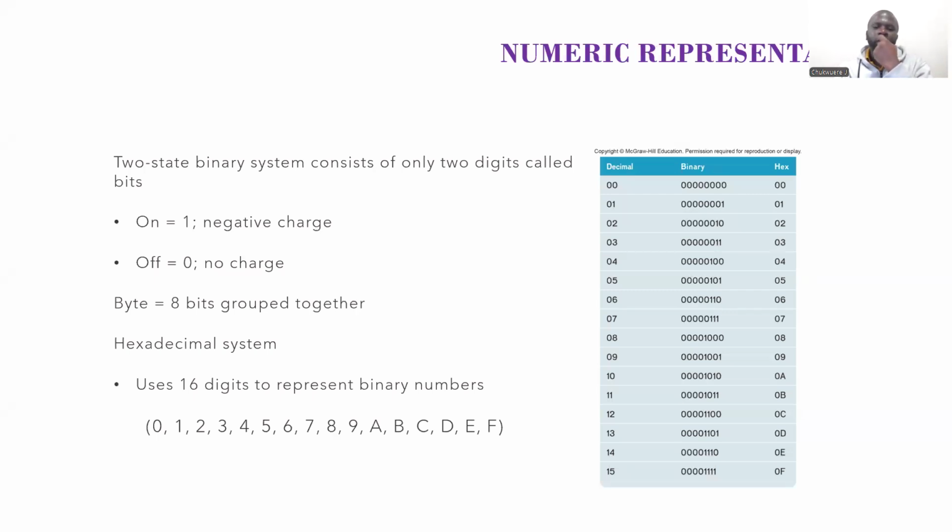We have a numeric representation. So here, a two-state binary system. What does it do? It consists of two or more digital components called bits. And I talked about before that your computer understands signals, not as you understand them in a literal way.